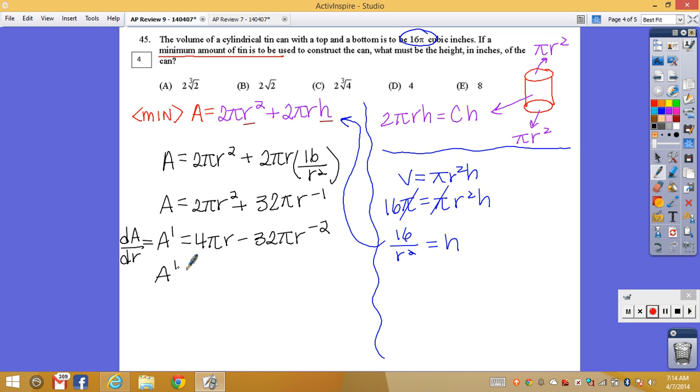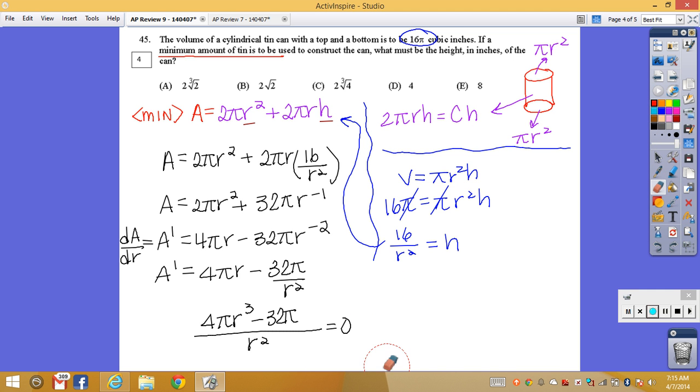And this is where I would write the derivative like this, and I would have to get a common denominator. So this would be 4 pi r cubed minus 32 pi all over r squared equals 0. I am going to erase part of this line and use the space over here.